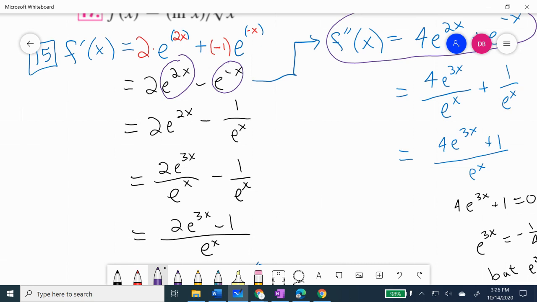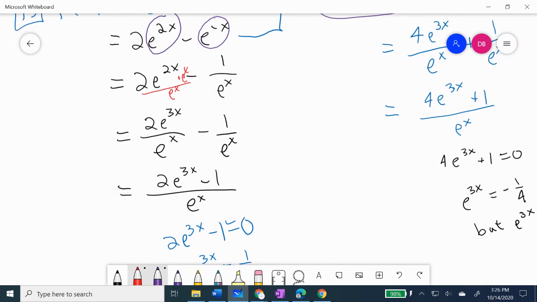So negative exponent means it's in the denominator as a fraction. Then I need to get a common denominator, and that would be done by multiplying and dividing the left term by e to the x. And when I multiply e to the 2x times e to the x, I add the exponents, 2x plus 1x, to get 3x.